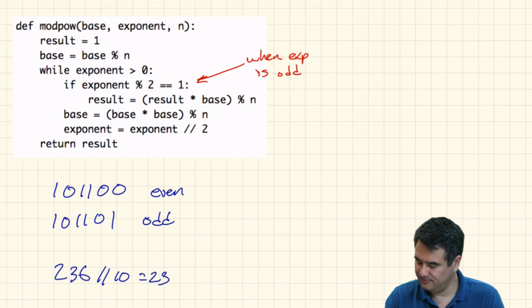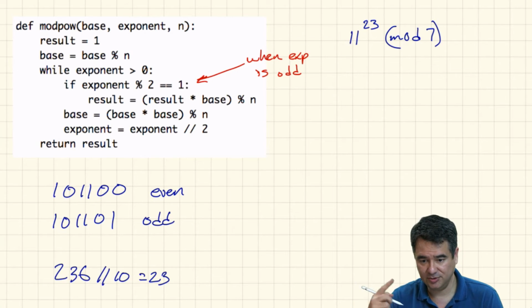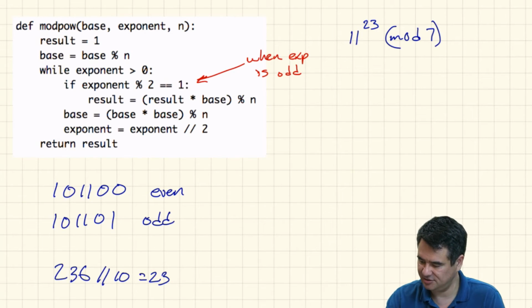All right, so let's try it with some numbers. Let's do 11 to the 23rd mod 7. As we're doing this loop, we should keep track of these variables as they're changing: result, base, and exponent.